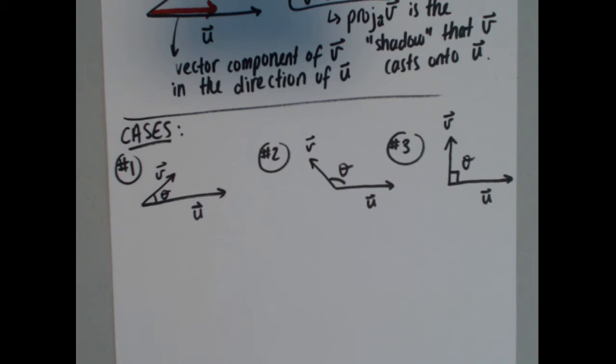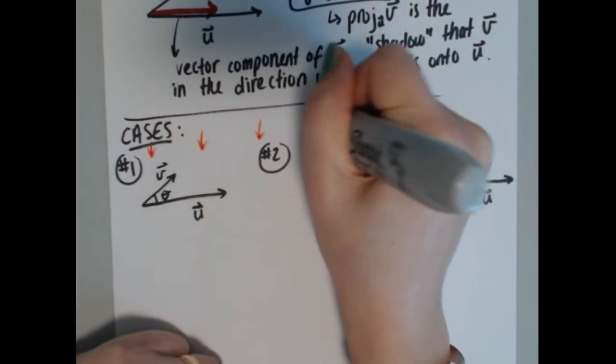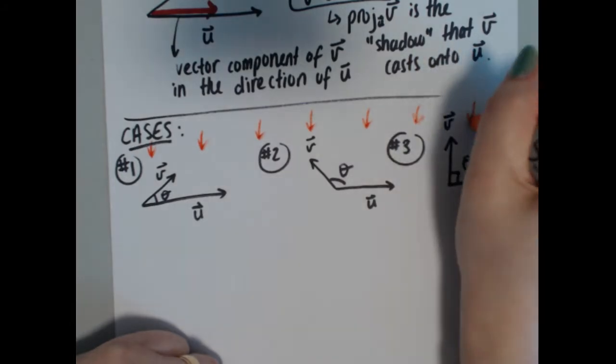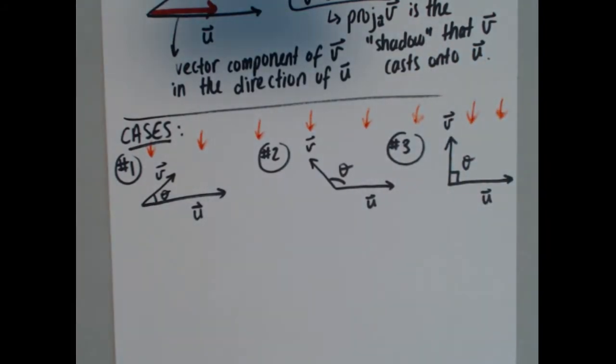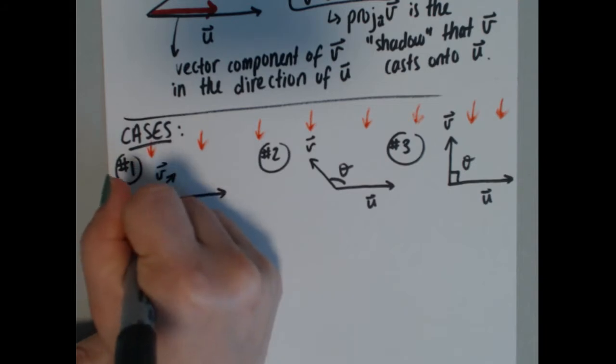Remember the idea here: think of it as a source of light coming from this direction. In all of these cases, there's a source of light coming in, and v is going to cast a shadow onto u.